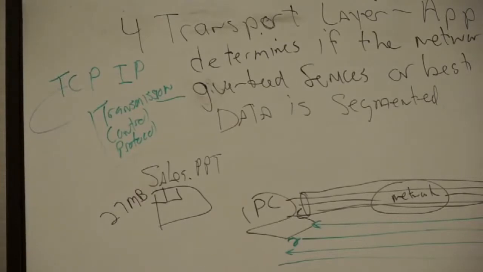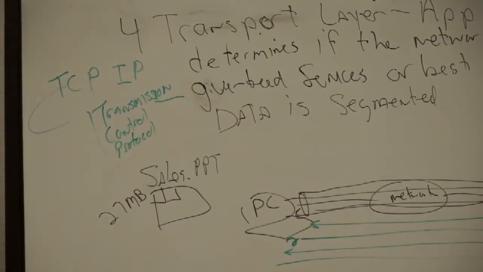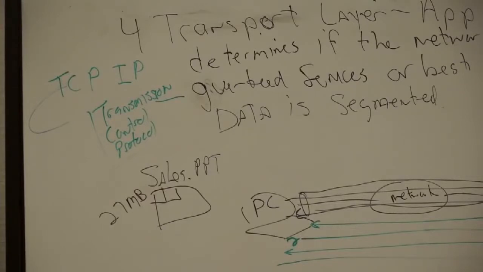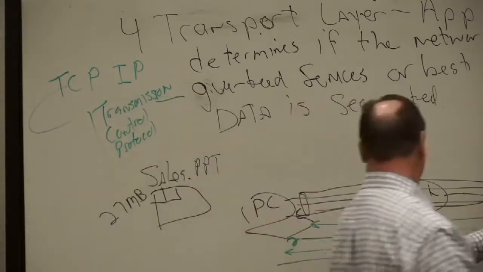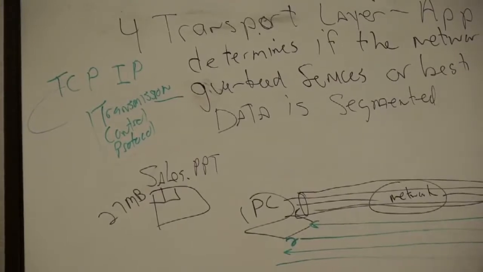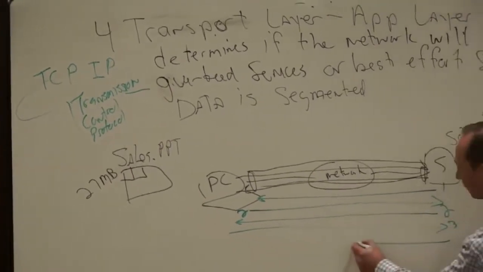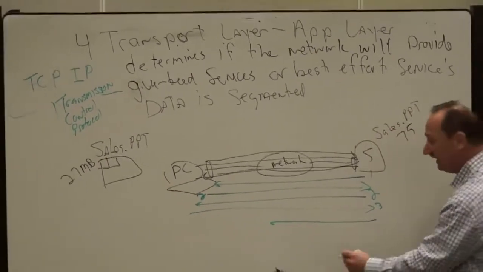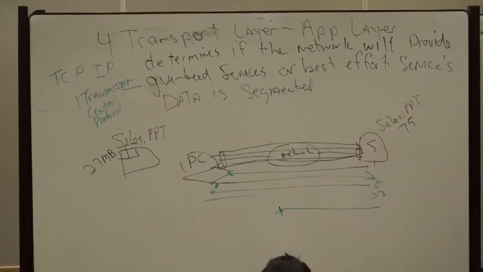TCP, Transmission Control Protocol, says, I'm going to tell you how many segments you're getting, and I'm going to send them to you, and then you're going to tell me if you got them. And if you don't get them, you tell me. So if he sends 1 across and I get it, I say send me 2. I send 2 across, he says send me 3. I send 3 across, and then something happens in the middle of 3.